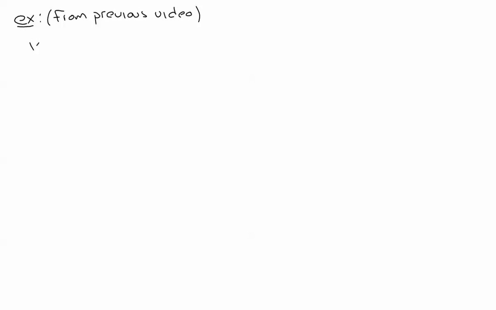I said that if I create a random variable y by taking a random variable x and subtracting the mean of x, I claimed that y is a zero mean random variable. Let's prove that.